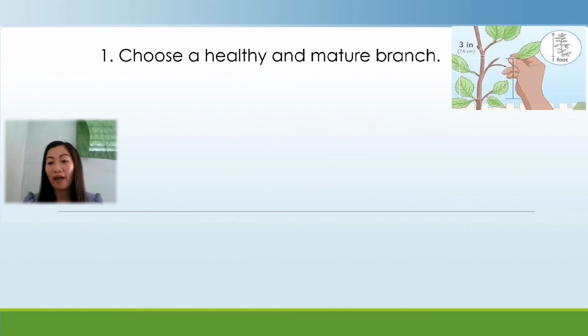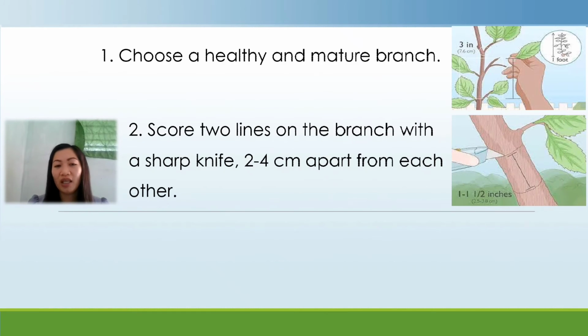The first step you have to do is choose a healthy and mature branch. Of course, you have to look for it and find it in the parent plant. Then you have to score lines, as you can see in this picture, at least 2 to 4 centimeters apart from each other.